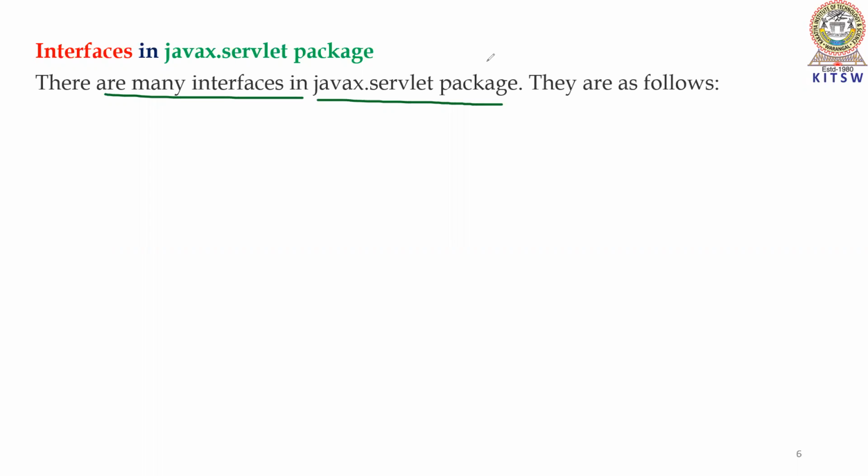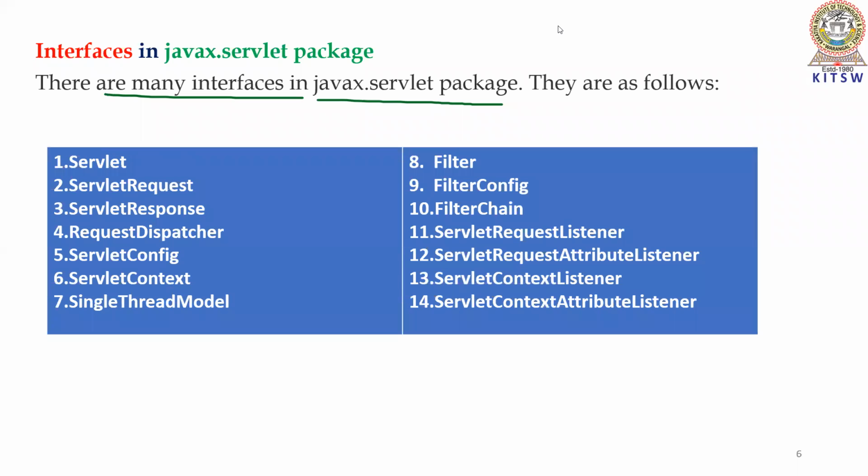They are: servlet, servlet request, servlet response, request dispatcher, servlet config, servlet context, single thread model, filter, filter config, filter chain, servlet request listener, servlet request attribute listener, servlet context listener, servlet context attribute listener.